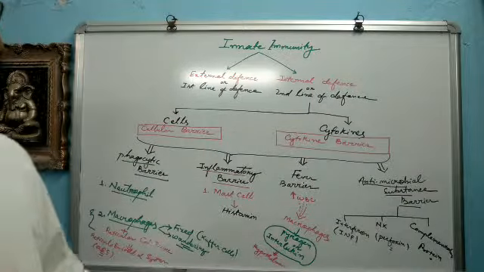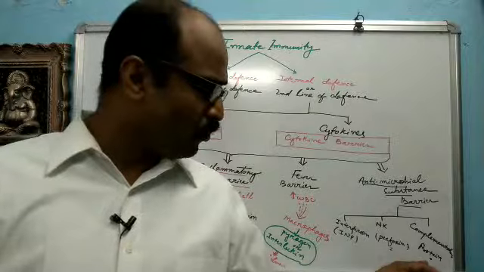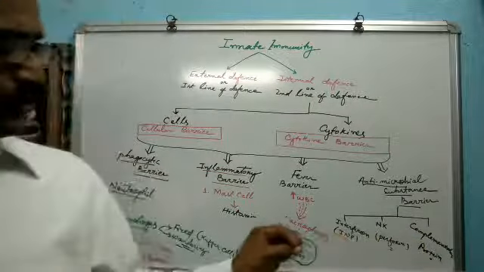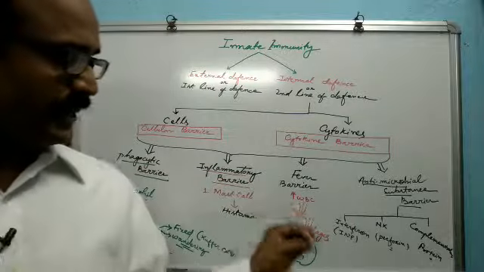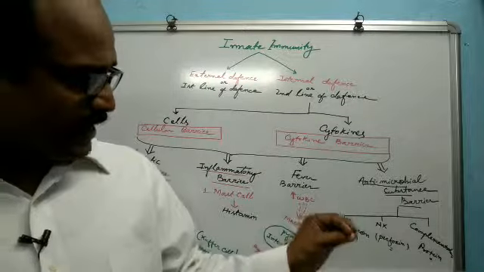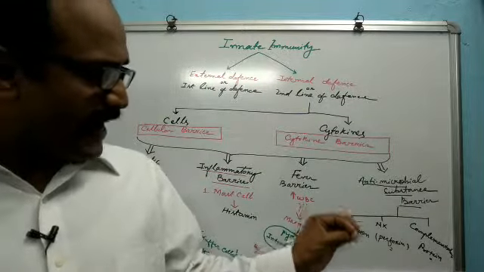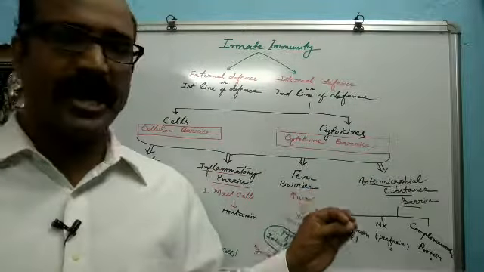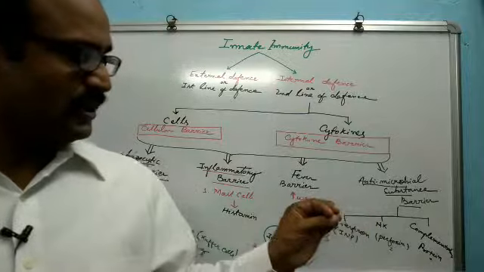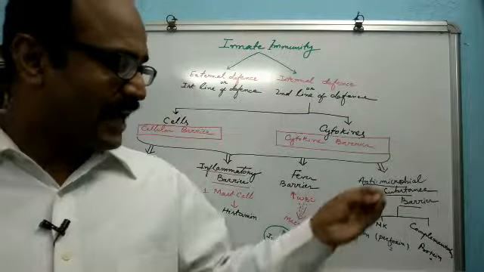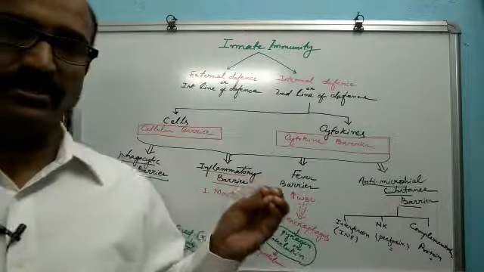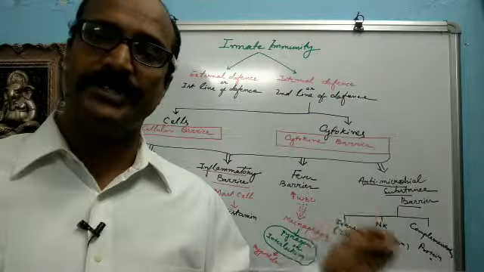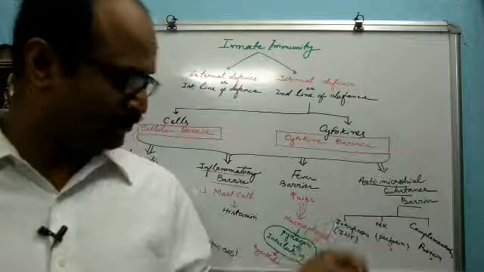In humans, about 20 proteins are present in serum or blood. Such serum proteins act as antimicrobial substances at the time of infection, and by a cascade of reactions, such complementary proteins try to resist the microbes.